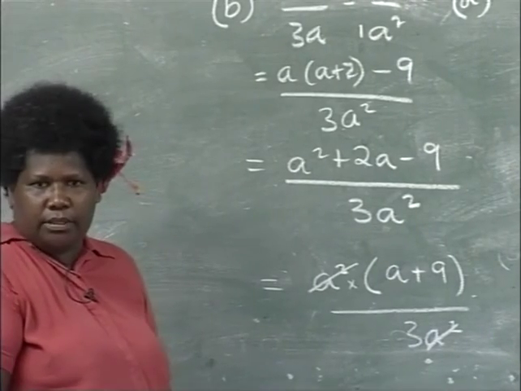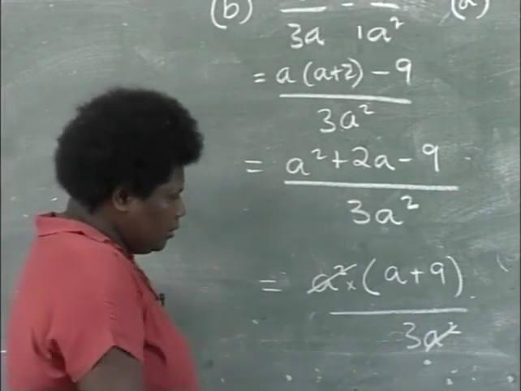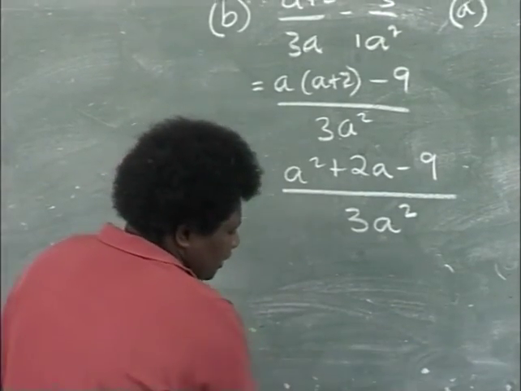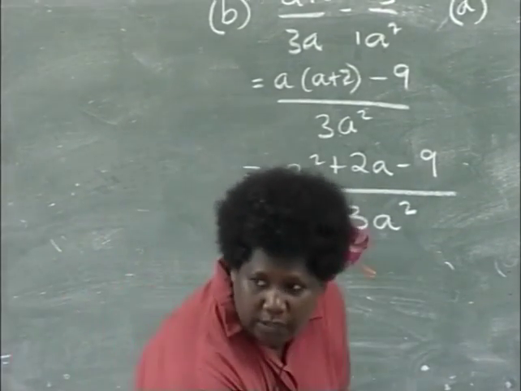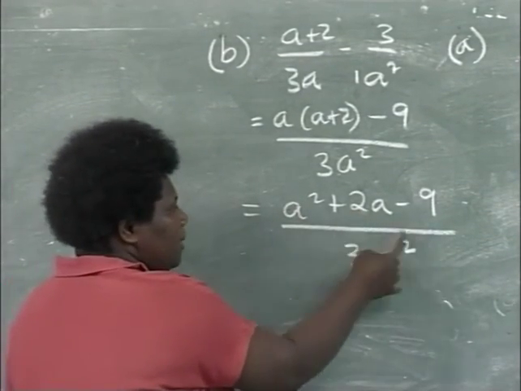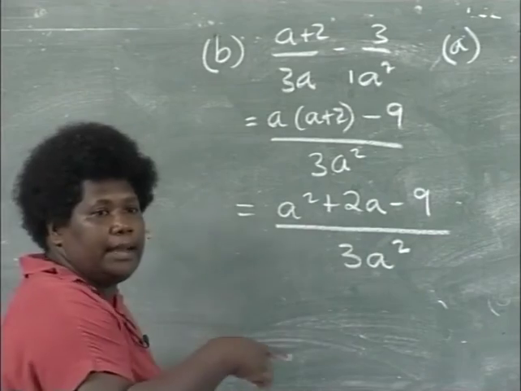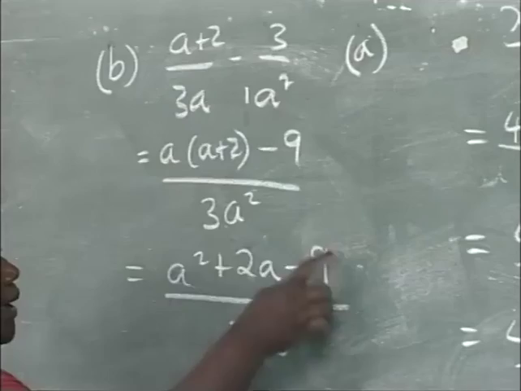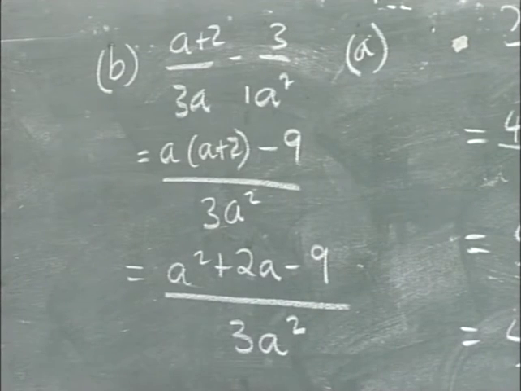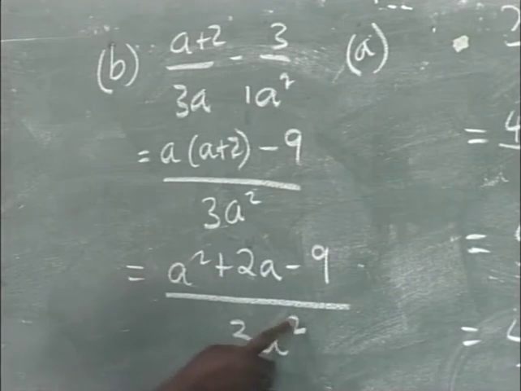Otherwise, if it is like this, you cannot cancel, because you are saying that this A squared plus 2A minus 9 represents one number over another number. That's a fraction. So you cannot cancel them separately like that.